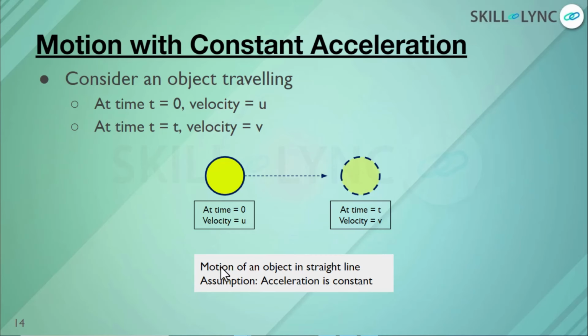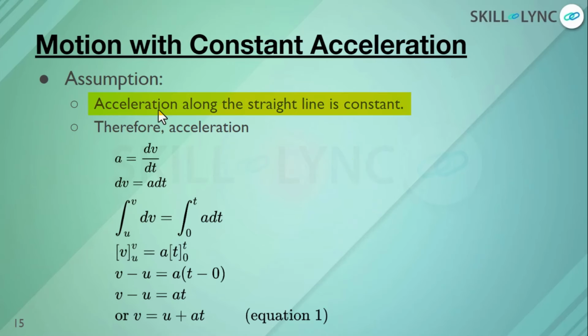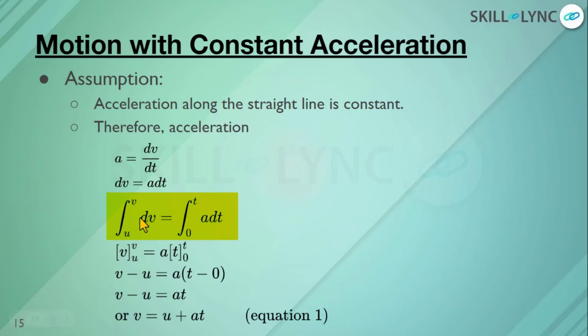Here, we have to assume that the acceleration is constant. Thus, as the acceleration along the straight line is constant, acceleration can be written as dv by dt, where acceleration is actually the change of velocity with respect to time. As we have seen earlier, the initial velocity of the object was u, and the final velocity was v.